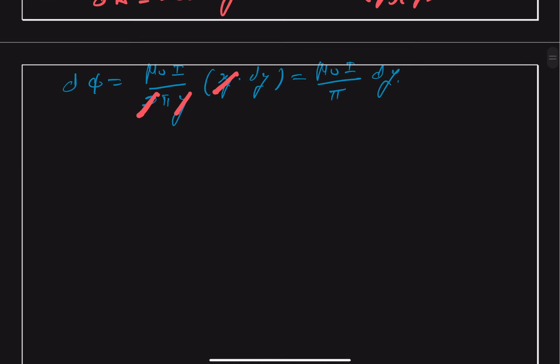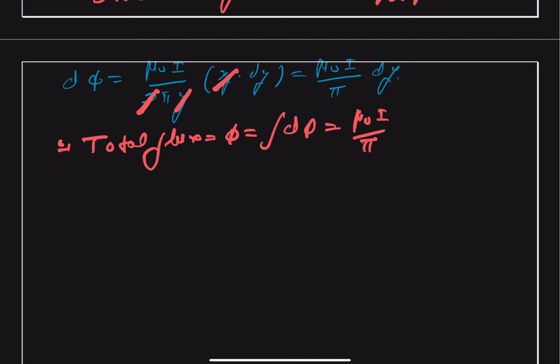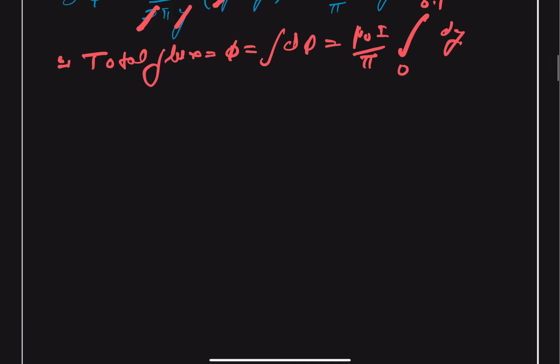Therefore the total flux phi will be the integration of d phi, which is mu naught I upon pi times the integration from 0 to 0.1 of dy. Now it's a simple integration. We get the flux phi equal to mu naught I upon 10 pi.